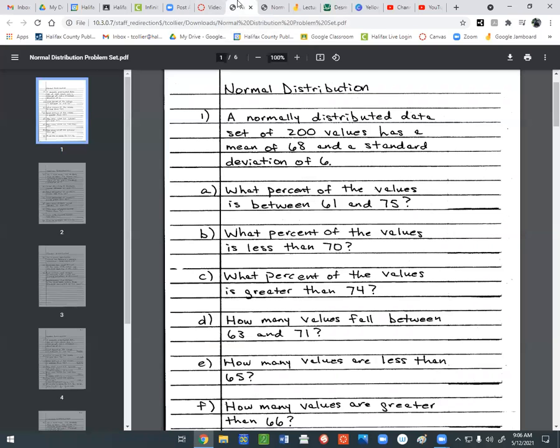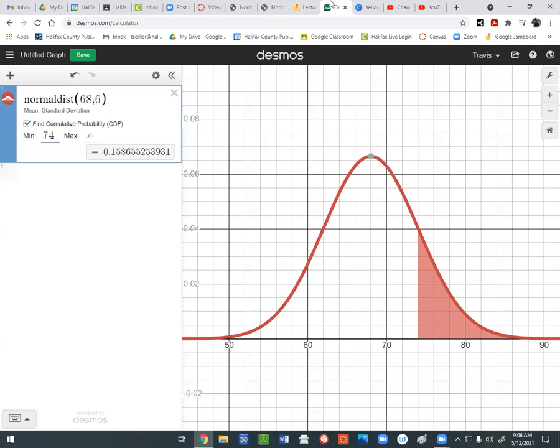And that's because the question is asking what percentage of the values is greater than 74. So you're going from 74 upwards. So you start at 74 on the x-axis and you go to the right, greater than 74.